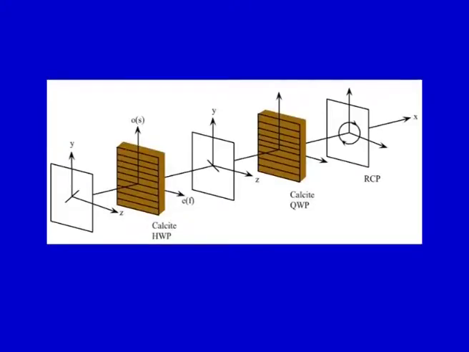Incident light plane polarized at an angle of 45 degrees passes through a half wave plate, the phase difference becomes 135 degrees, passes through a quarter wave plate which introduces another phase difference of pi by 2, and the result is the light is right circularly polarized.